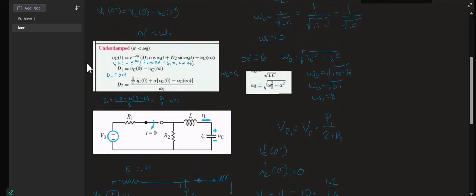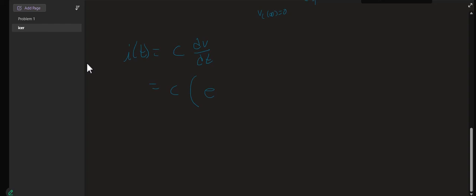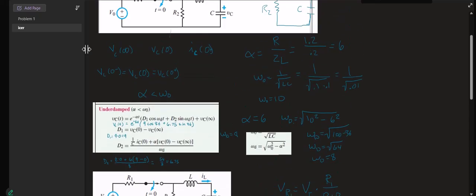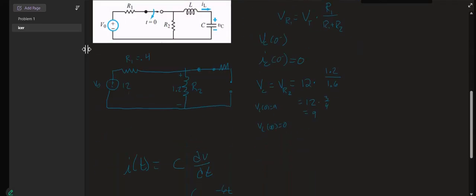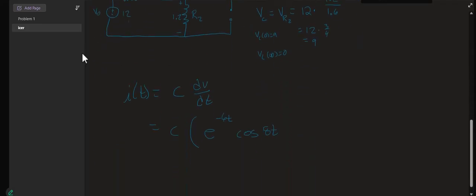So it was e to the minus 6t times 9 cosine 8t plus 6.75 sine 8t. Okay, so I've got this C out in front, and that'll stay there. And then the product rule, if you remember, is f prime g plus f g prime.